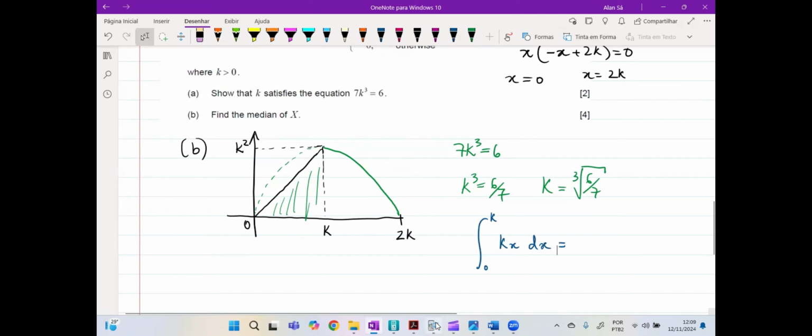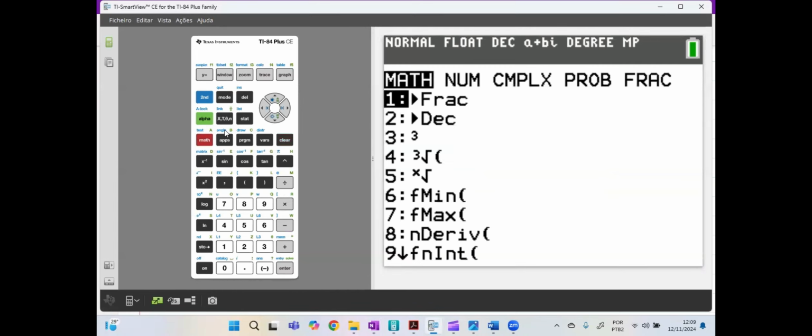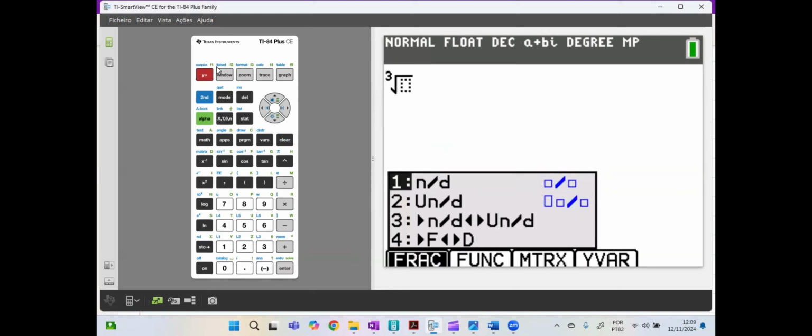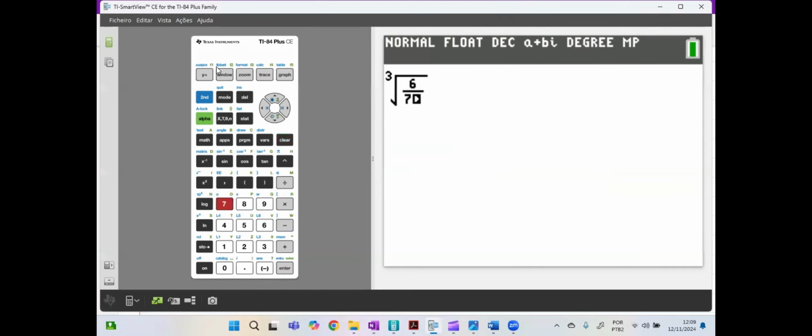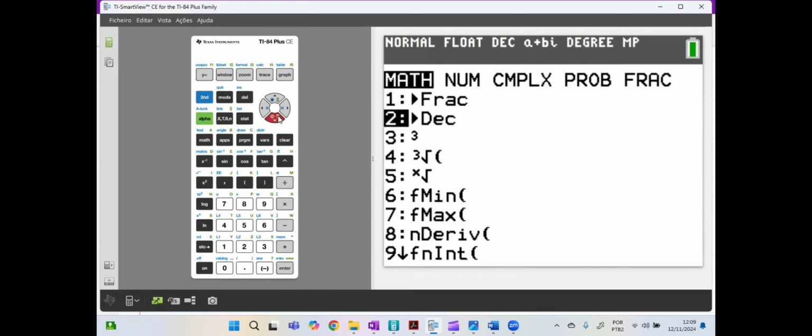We can use our calculator and find the cube root of 6 over 7. To make it easier to work, I will store this value in the variable k. So from now on, k is this value. Now I can get the calculator to find the integral using k.